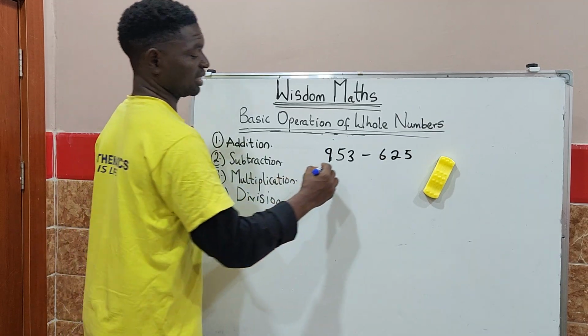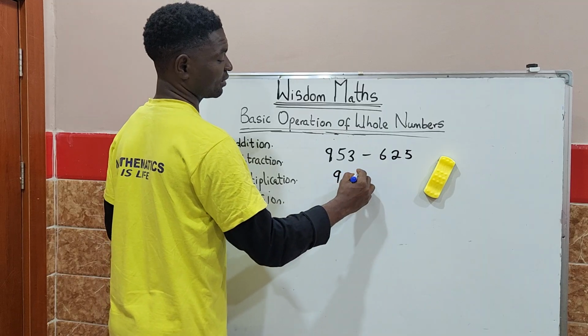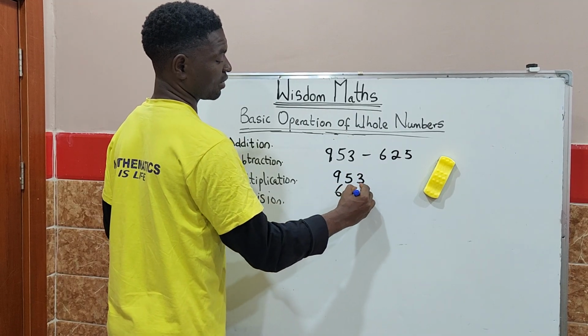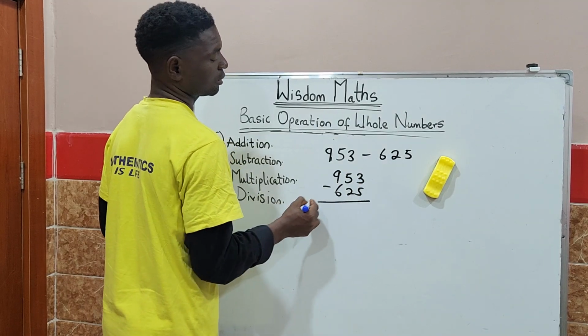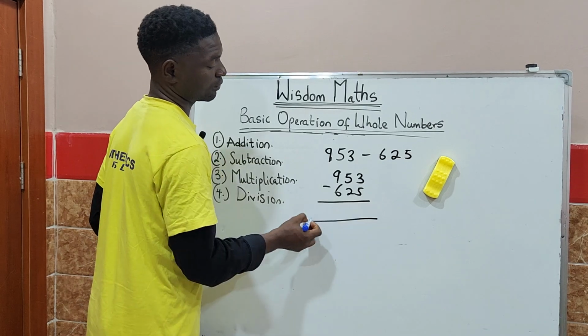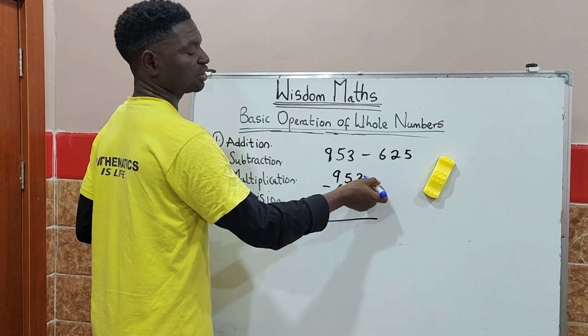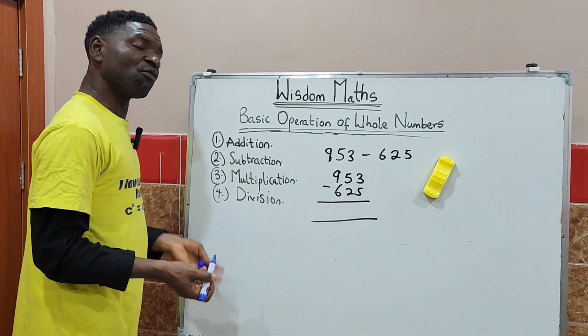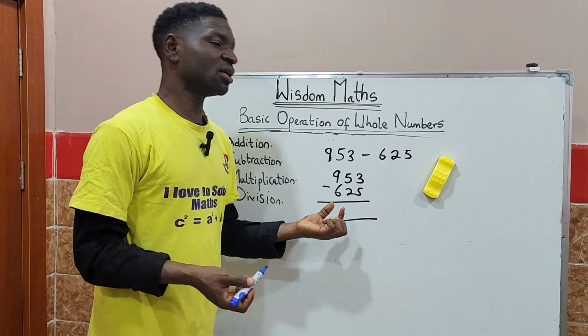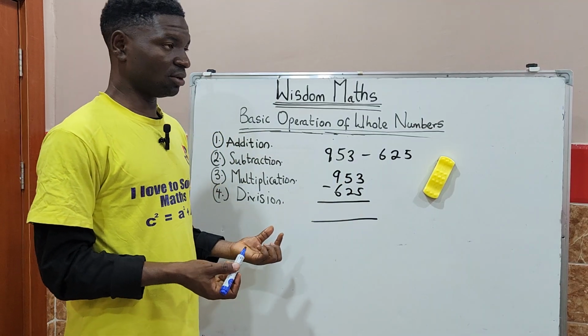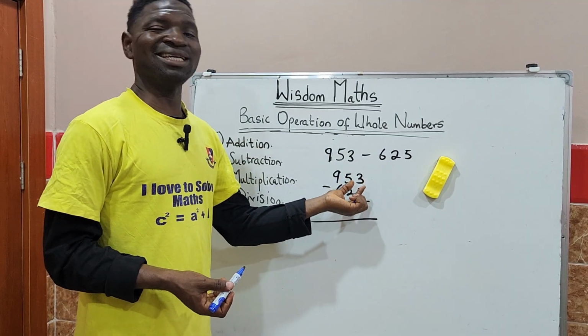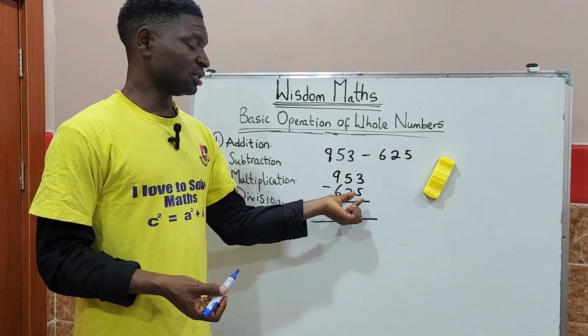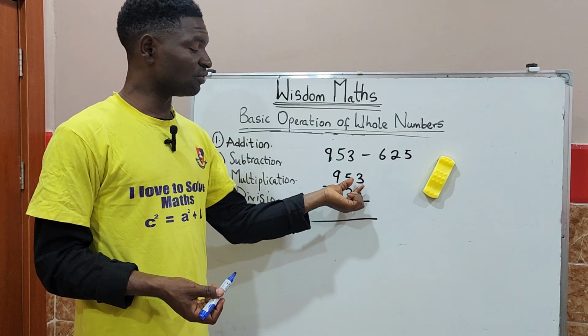So if I set this 9,5,3,6,2,5, and I minus, because subtraction is removing from a particular number. The number up is now smaller than the number down. You are removing on the unit side now.